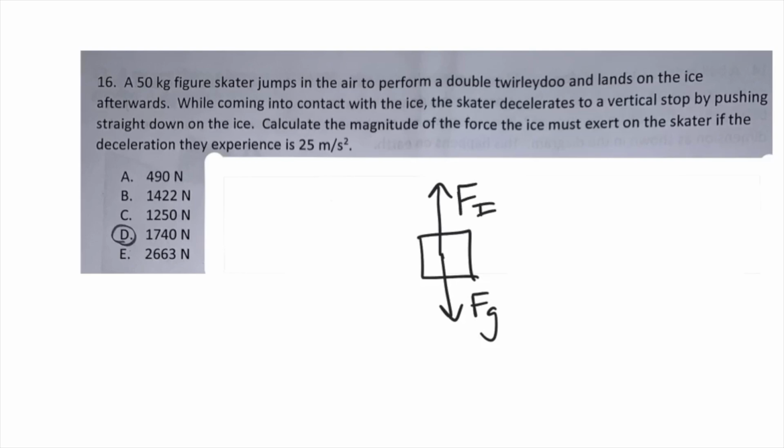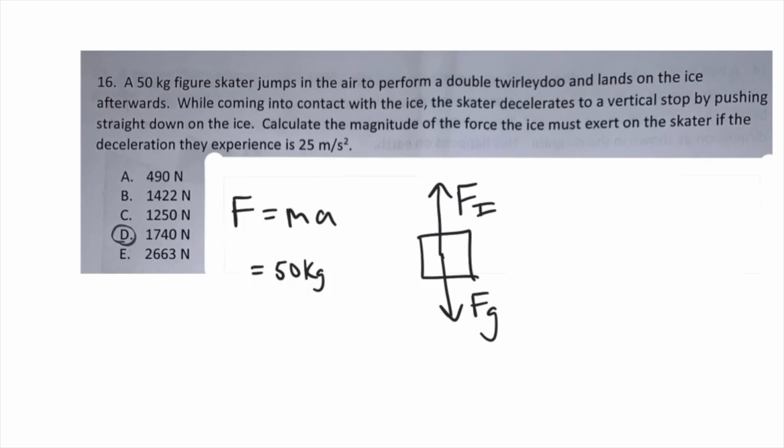Now let's remember Newton's second law. The net force equals the mass times the acceleration. In this case, the mass of the figure skater is 50 kilograms. But what's her acceleration? Well, in the problem, they tell us that she experiences a deceleration of 25 meters per second squared. However, when she's coming down, the force of gravity is also acting on her.